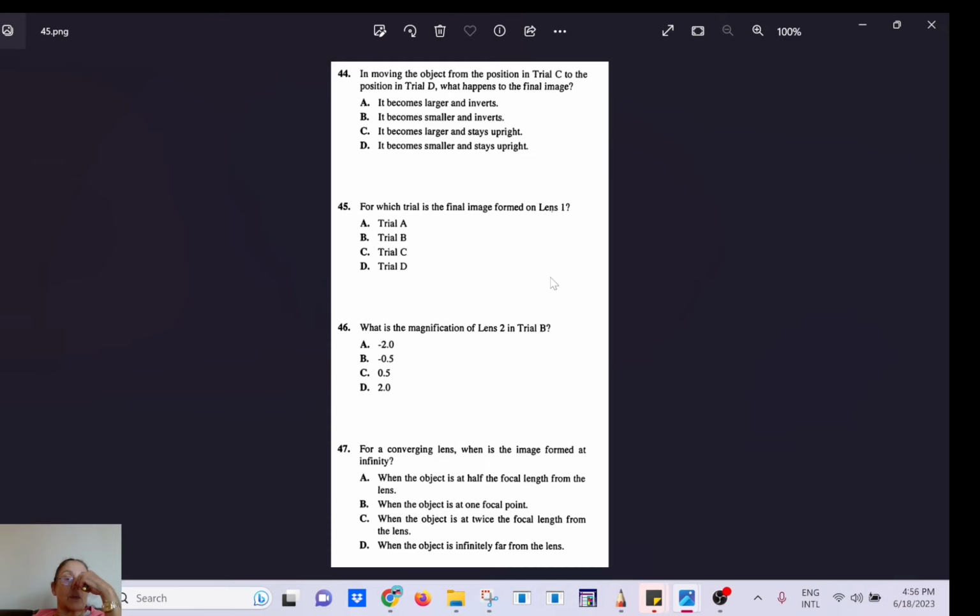So it becomes larger and inverts when you compare C to D.